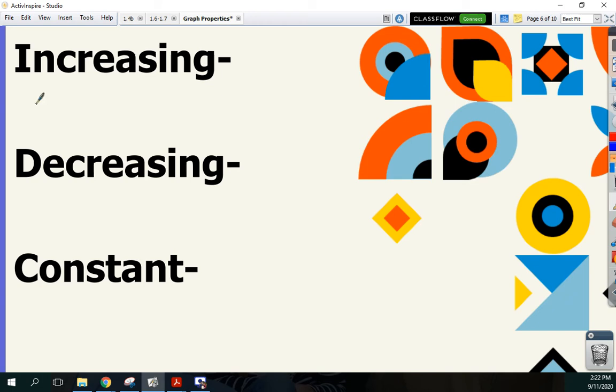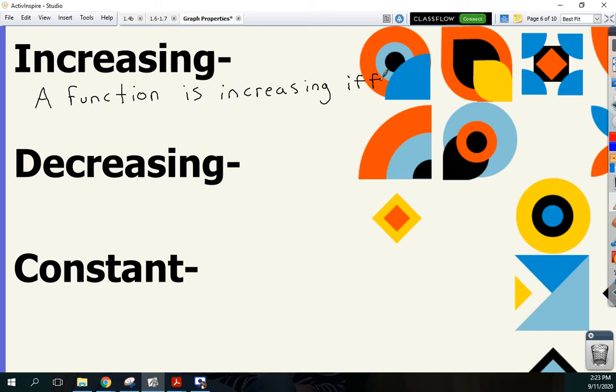So the way that we have stated it mathematically is a function is increasing if and only if.